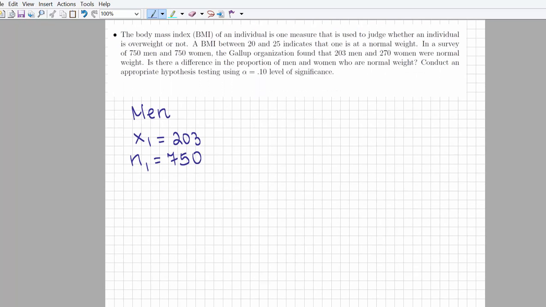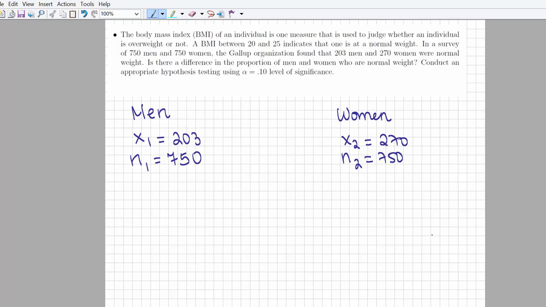And then for women we have the same sample size, and the number of women with normal BMI is 270. So our goal is to determine if the difference between these proportions is significant.